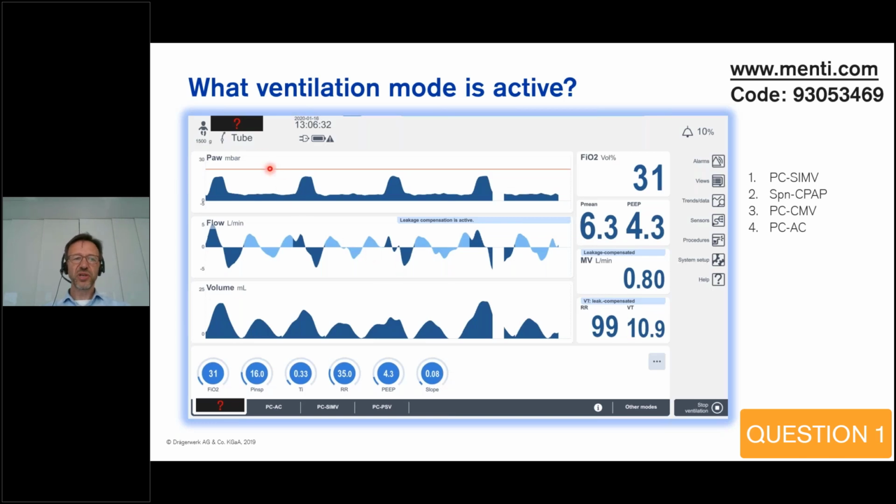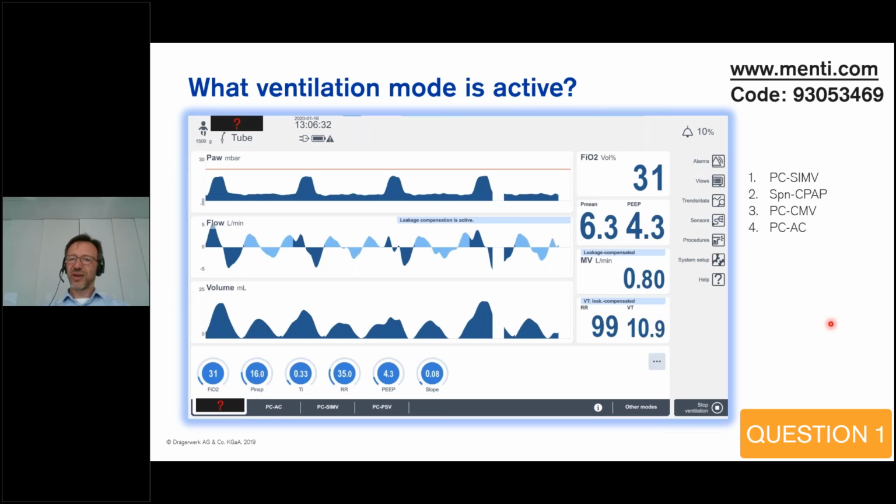Usually you can see in the top the ventilation mode, which is currently covered for this question. And in the bottom, you can see four tabs with different ventilation modes which you can select. On the right side, you see some measurements, which can be different in the different screenshots. But in this example, we see the FiO2, the mean pressure, the PEEP, the minute volume, the respiration rate, and the tidal volume.